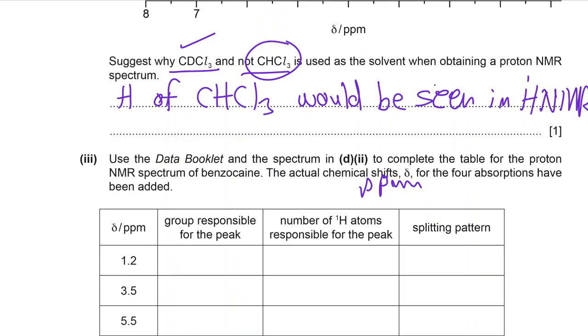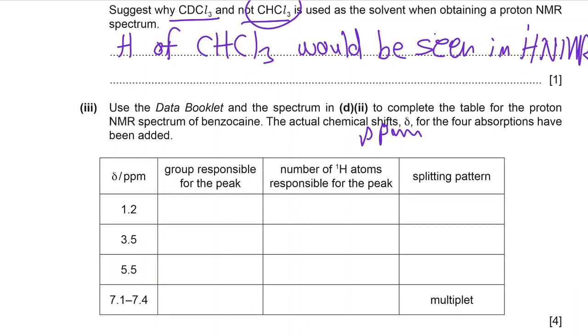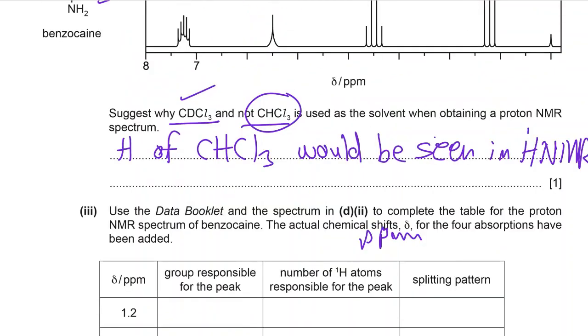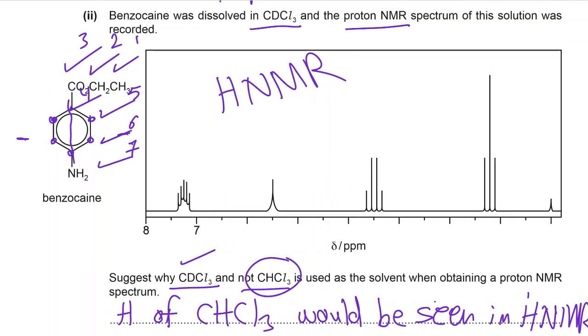So the group responsible for the peak from 7.1 to 7.4 is the hydrogen of benzene. Number of hydrogen atoms responsible for the peak, let's check it. Actually it's only 4: 1, 2, 3, 4.